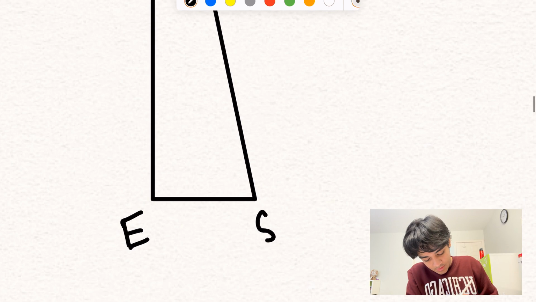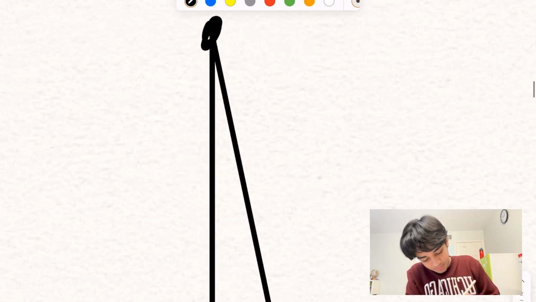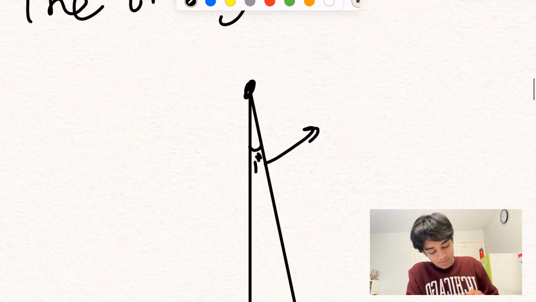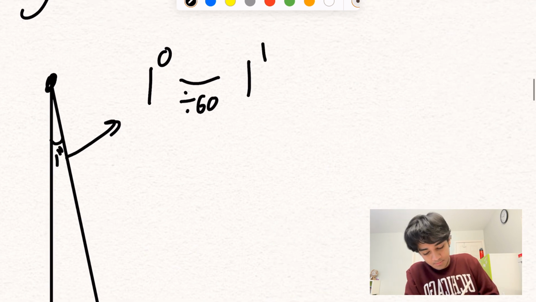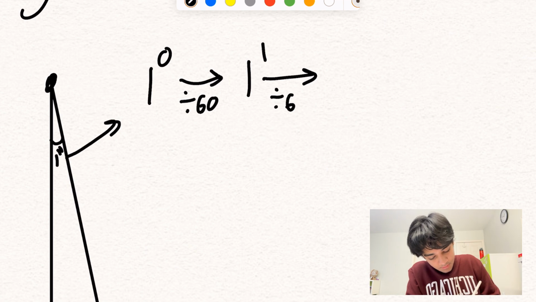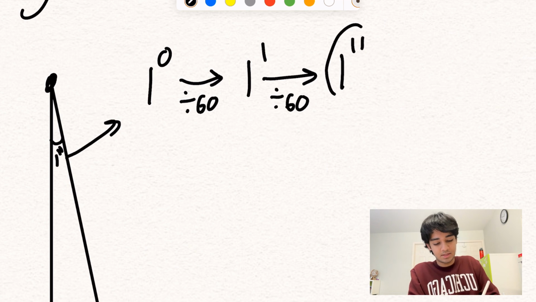So when this distance is 1 astronomical unit, and this angle is 1 arcsecond, and 1 arcsecond means if you take 1 degree and split it up into 60, you get 1 arcminute. And then if you take that and split it up into 60 again, you'll get 1 arcsecond. So that's where this arcsecond is coming from.